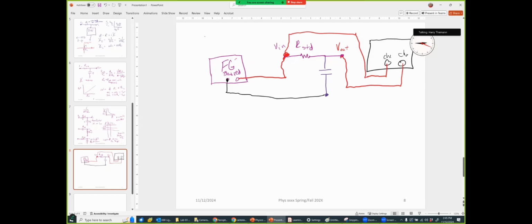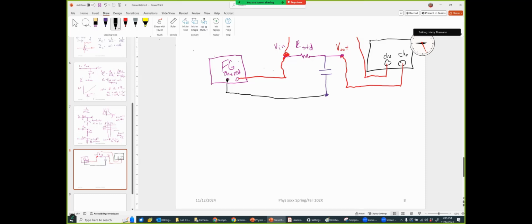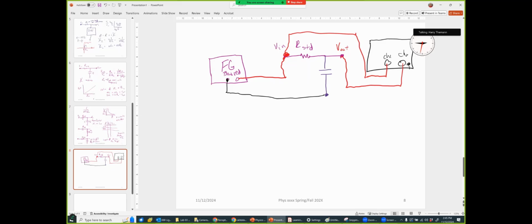Oh yeah, I forgot one thing. Each of them has a black one. It turns out that you only need to connect one of the black ones because they're connected together inside the oscilloscope. So you'll be able to see V out and V in on the same screen.